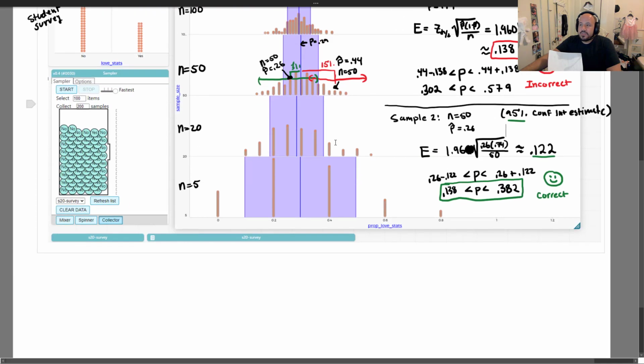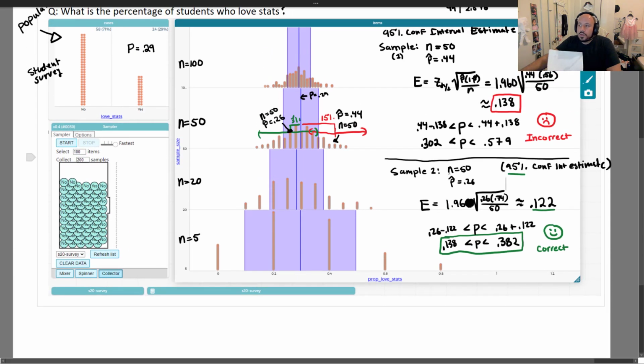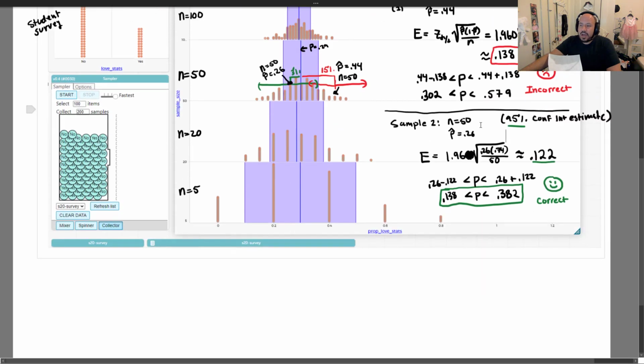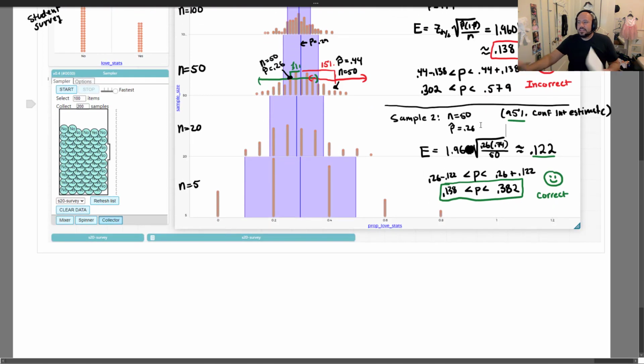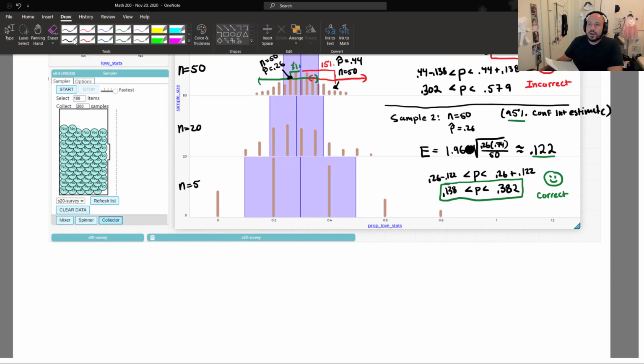Even just looking at samples of size 50. These are just 2 little snapshots. And it happened to be in one case I got it right, in another case I got it wrong. Okay, and this is really what confidence level is kind of enumerating for us.